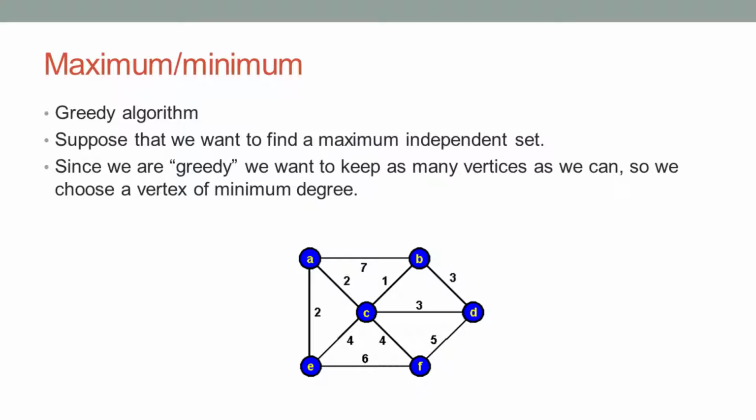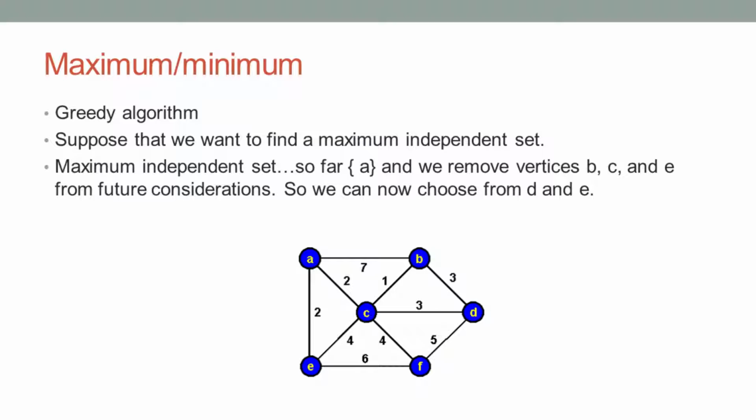So it's a maximum size, but such that the set has no edge induced. So that's our constraint. We want to choose perhaps a vertex of minimum degree because that has the fewest number of edges incident to it. So we will start with, say, the vertex A.